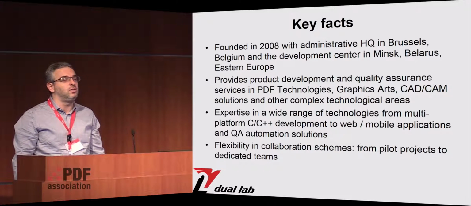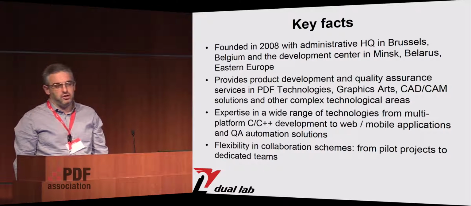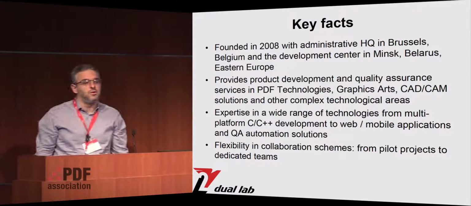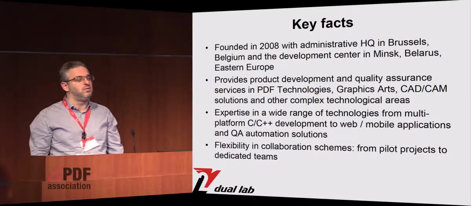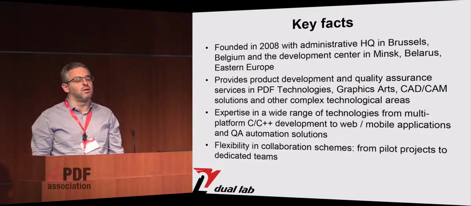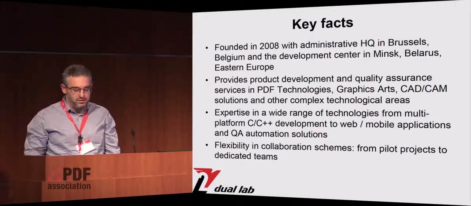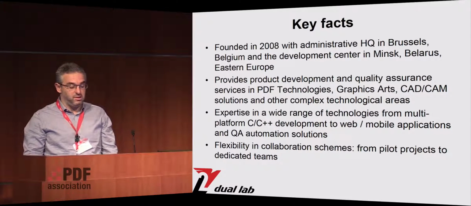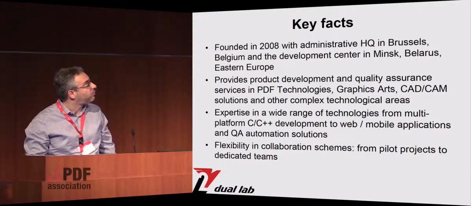So we try to keep our team busy with very challenging tasks. Well, from a technological point of view, we are virtually immune to technologies. We work easily with all kinds of programming languages and frameworks. So it's everything from C, C++ to web and mobile.